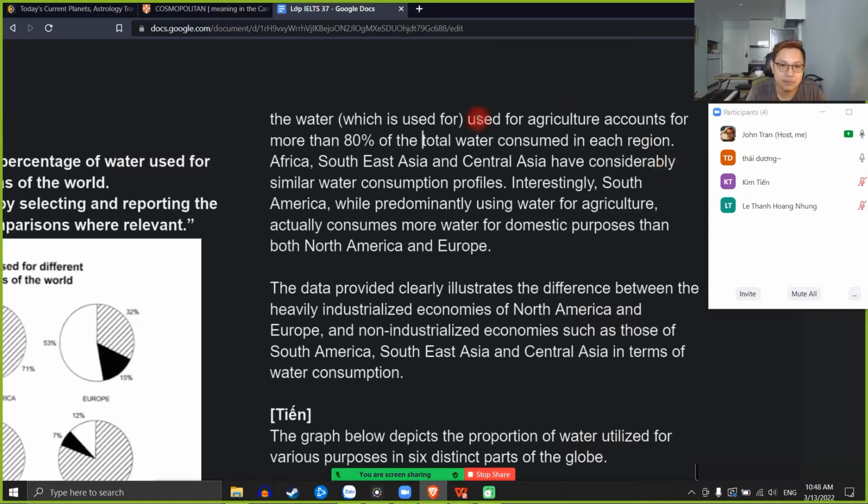Africa, Southeast Asia have considerably similar water consumption profiles. Cái câu này nó giống như cho một cái ý khác hẳn. Nó giống như một cái ý phụ thêm, một cái ý bổ trợ, một cái luận điểm mới vậy đó. This one is like a new point you're trying to make. So have some kind of linking word, linking device before that.